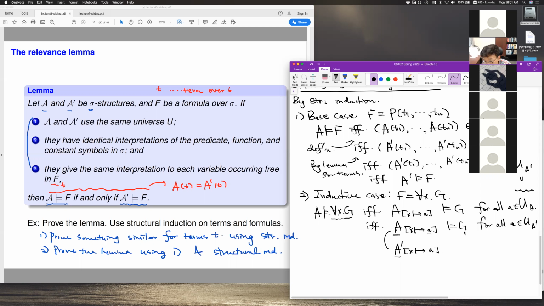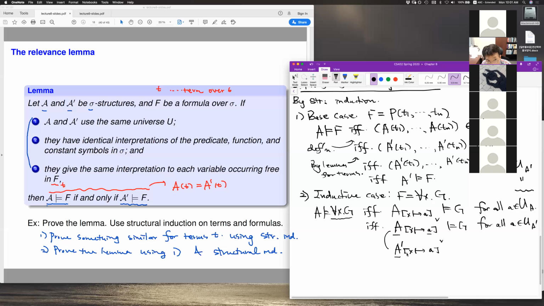And now for the formula G, free variables in G are free variables in F or this specific quantified variable X. So there are two cases: already free in F, or this quantified variable X. For both kinds of free variables, whether obtained from structure A or from structure A prime, they say exactly the same thing.